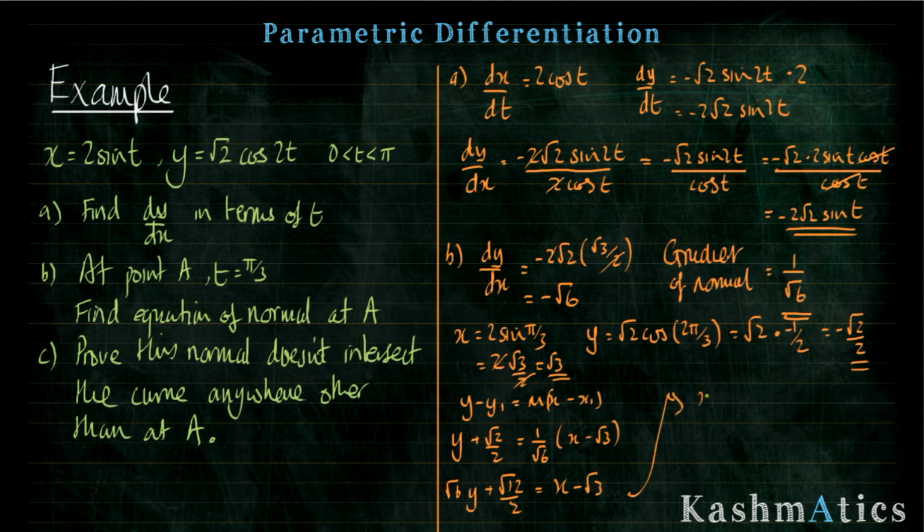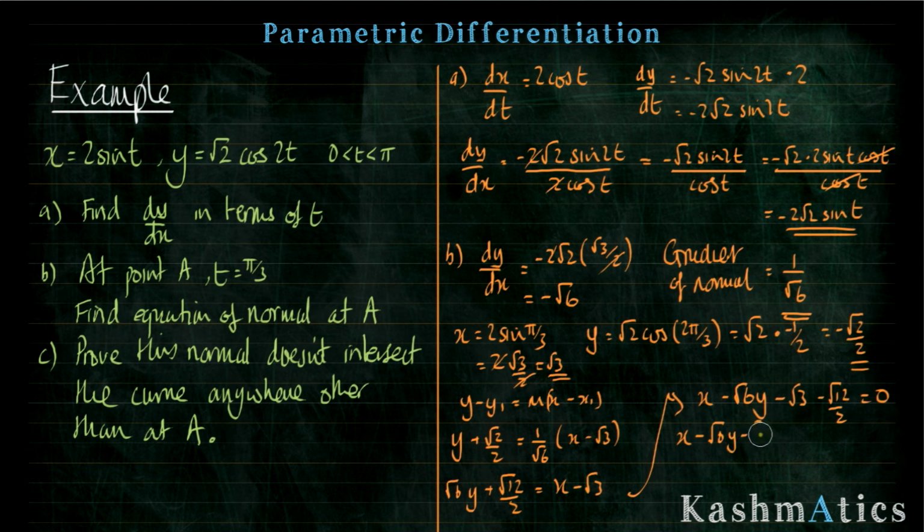I'll have the x term, okay, I'm just moving everything to the right hand side, take away root 6y, take away root 3, take away root 12 over 2 equals 0, and I can actually simplify this last bit.